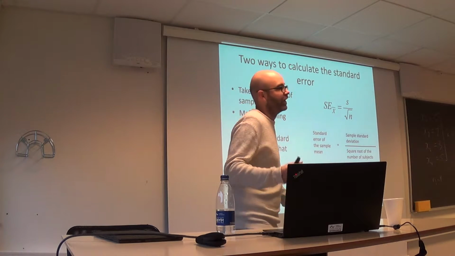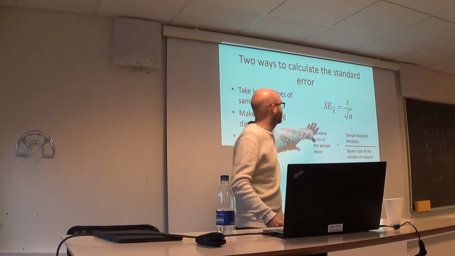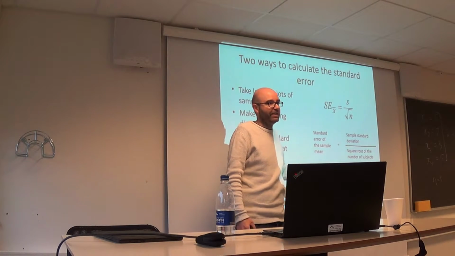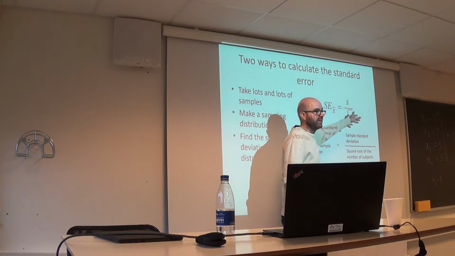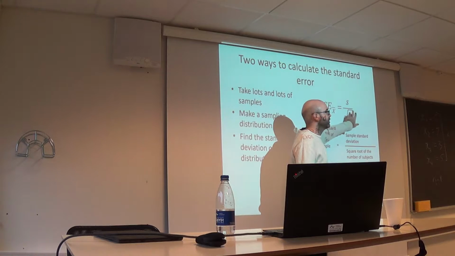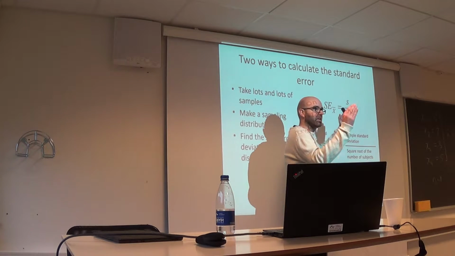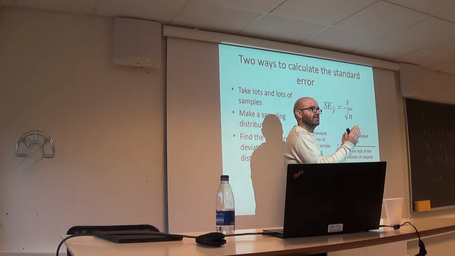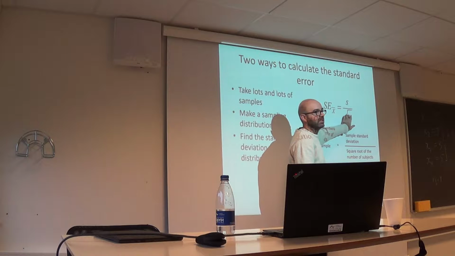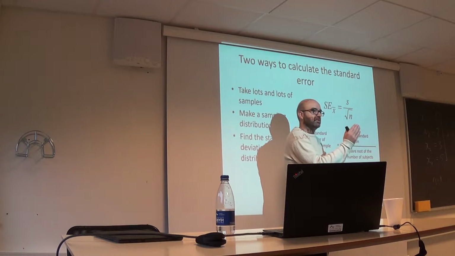And intuitively it sort of makes sense, because if you've got a really high standard deviation, but lots and lots of subjects, that number's going to be smaller. Got a really low standard deviation and only a couple of subjects, you should still be a little bit worried.